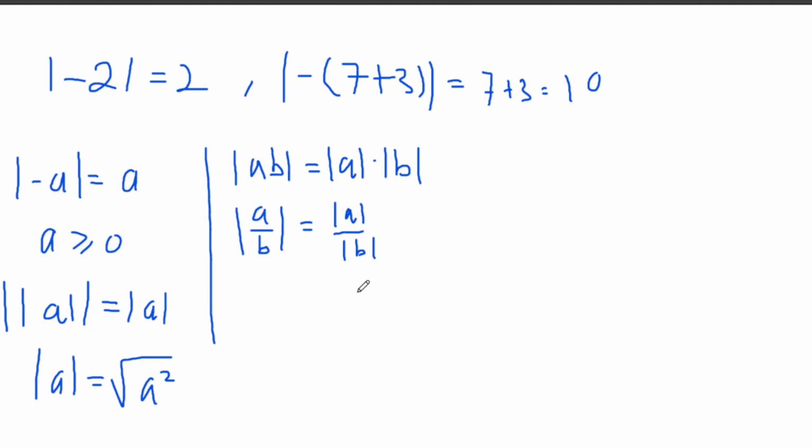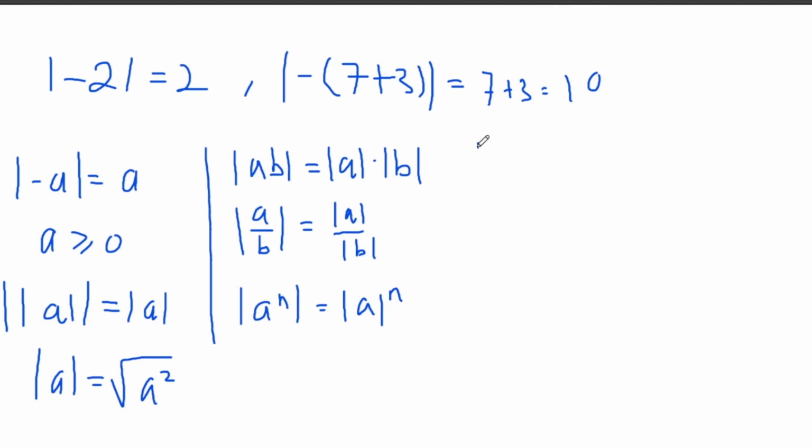And then the power identity, which is the absolute value of a to the power of n, would be the same thing as the absolute value of a to the power of n. Okay, that's the properties of absolute value for now. There's also the distance property, but I'm going to talk about it in future episodes.